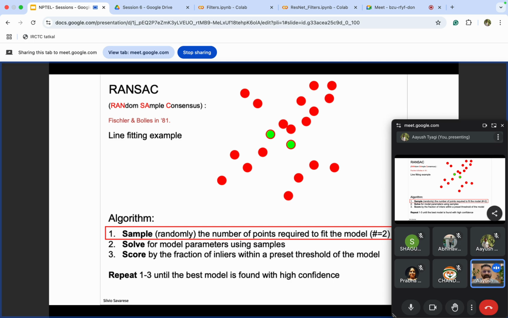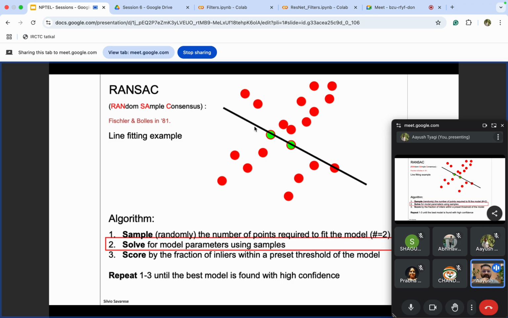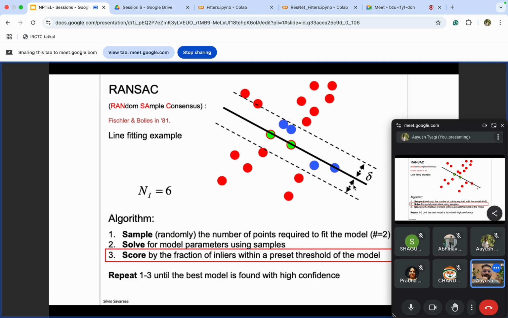Let's see step by step. We selected these 2 points, we have drawn a line passing through these 2 points, and based on a threshold delta on both sides of the line, the blue points which are inside this threshold are called the inliers.